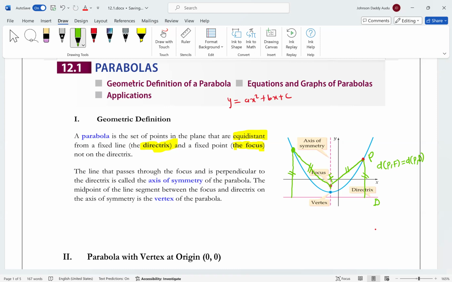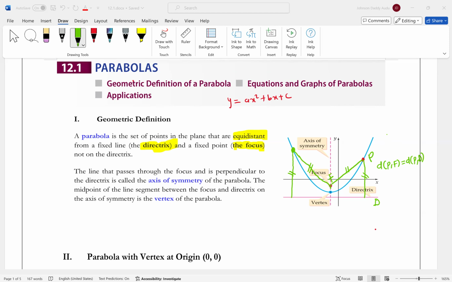Okay, so now let's discuss what this directrix and this focus are. If we have a parabola, there is always a line. They say there is a line that passes through the focus and is perpendicular to the directrix.